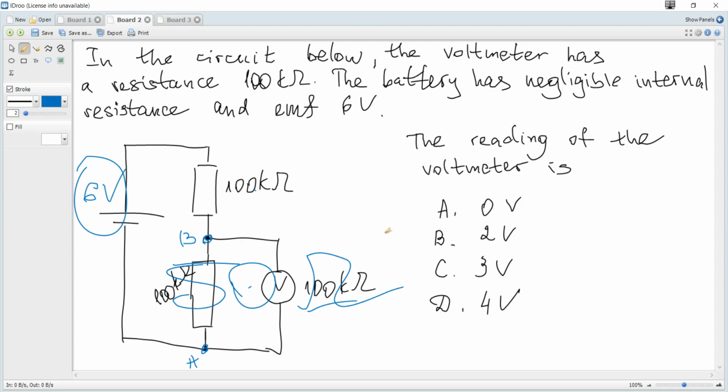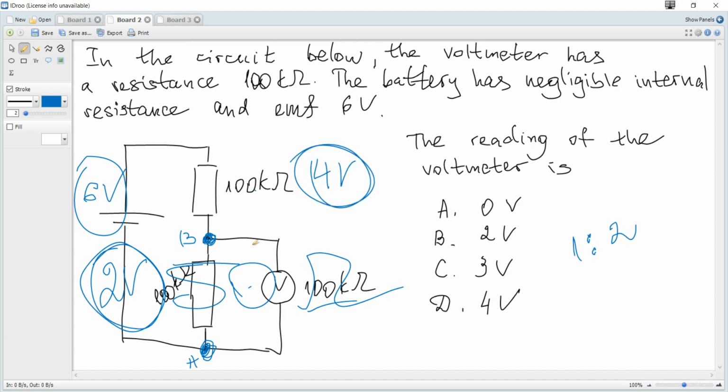What ratio? 1 to 2. Total 3 parts, 2 volts for one part. So there will be 2 volts across AB, 2 volts, and the remaining 4 volts across this component.